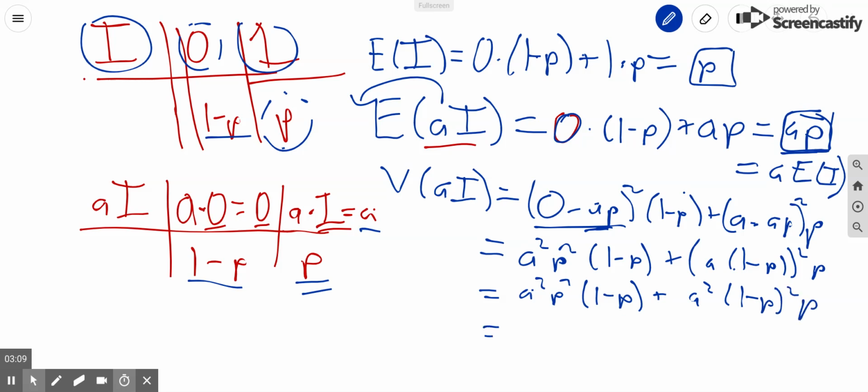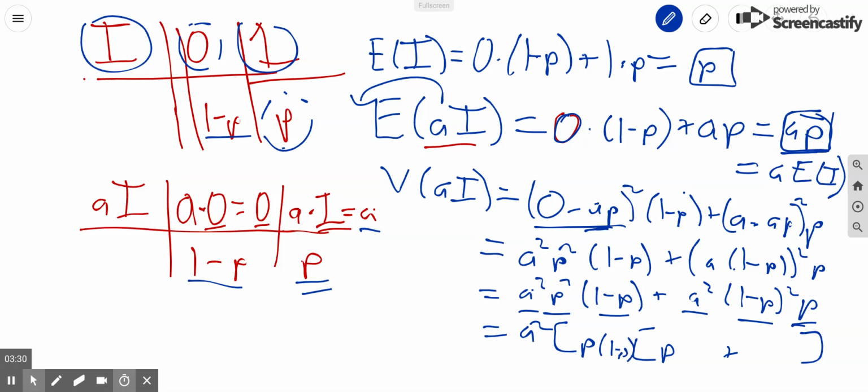Oh, well, look at this. I can factor out an a squared out of both of them. And then out of what's remaining, I can factor out a p out of both of them. And that's going to leave me with a p there and nothing there. I can also factor out a 1 minus p out of both of them.